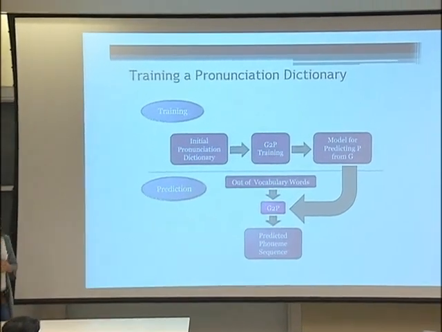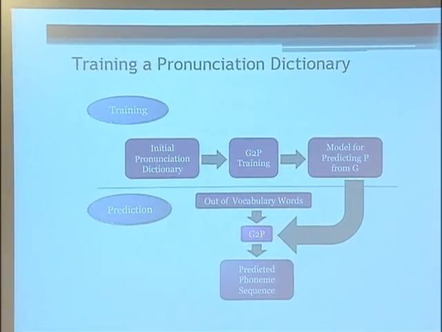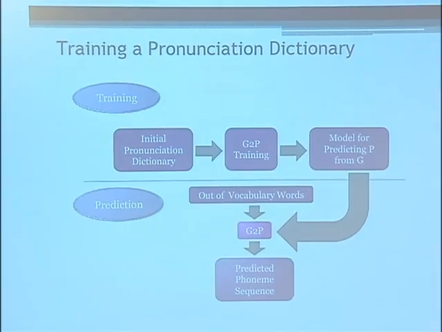For the training process, we have an initial pronunciation dictionary, and we train this using the algorithm that I just described with G2P, and we come up with a model for predicting phonemes from graphemes. Afterwards, we use this model to predict the phoneme sequences of out-of-vocabulary words, using G2P training iteratively over and over again.